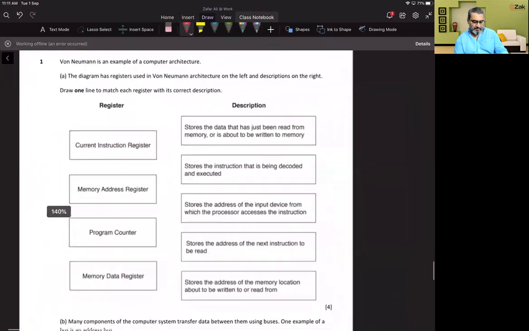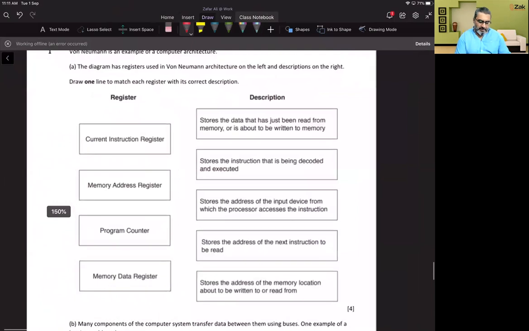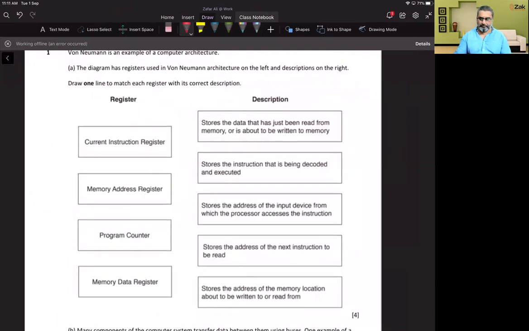Now, there are descriptions. So basically, what do we have? We have registers and their descriptions. The first description says that it stores the data that has just been read from the memory or is about to be written back to the memory. And it is what?